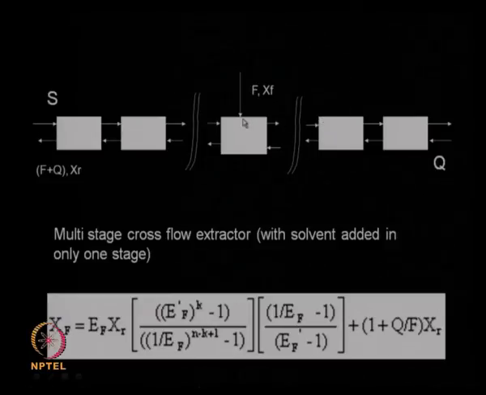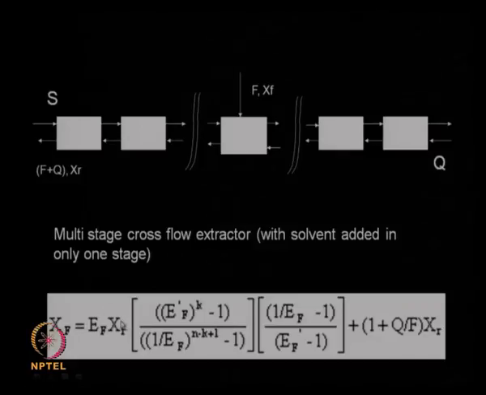So this design is slightly more complicated when compared to the previous simple countercurrent type of design, because your feed is added somewhere in the middle. When you take this type of system and perform a mass balance, you end up with a slightly more complicated looking equation.